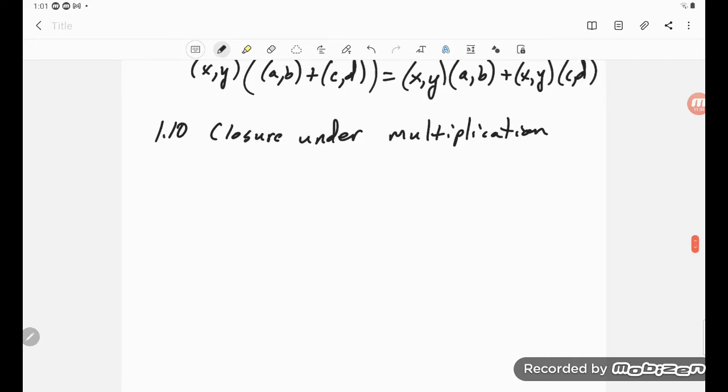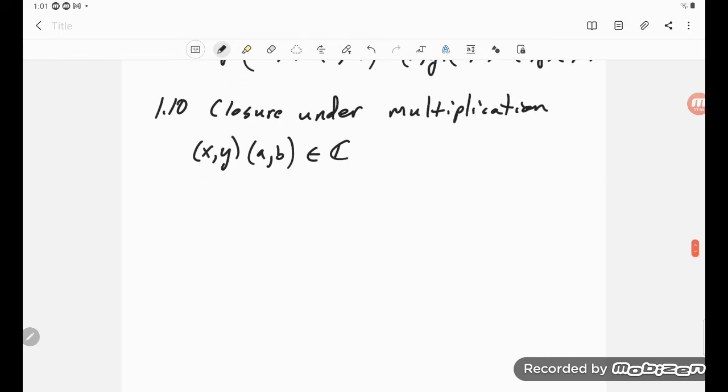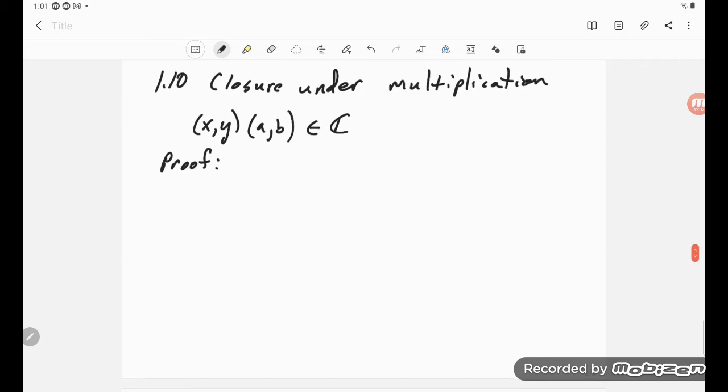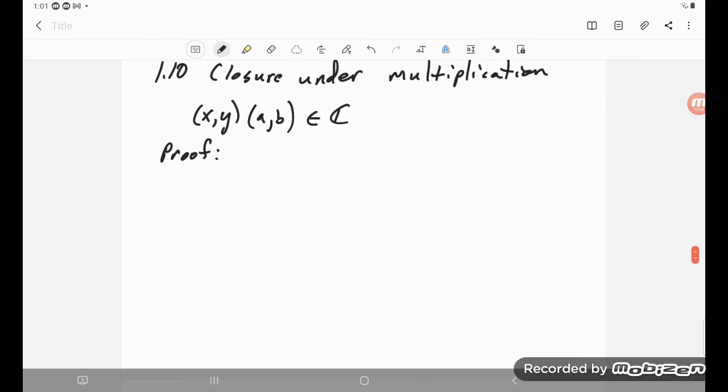So that's to say that our (x, y) times (a, b) is indeed an element of the complex numbers. So once again, we'll do another closure proof here. This one being a bit nastier to deal with, but it's really the same idea.